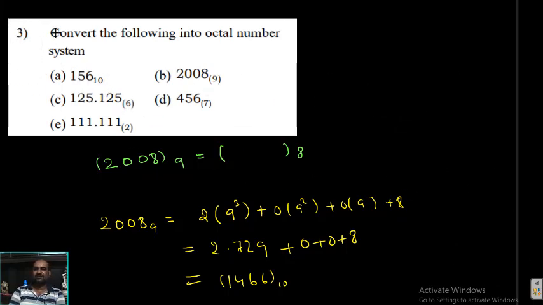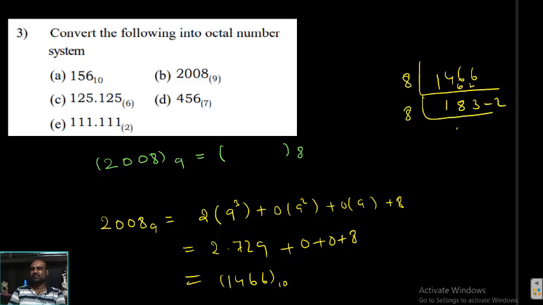Now you want to convert that number into base 8. Just we divide by 8. 1466 should be divided by 8. 8 ones are 8, 6 remainder. 66. Okay. 8 8s are 64, 2 remainder. 26. 8 3s are 24, 2 remainder.